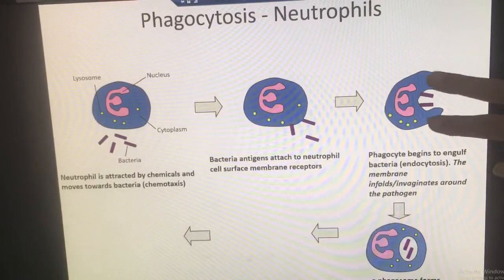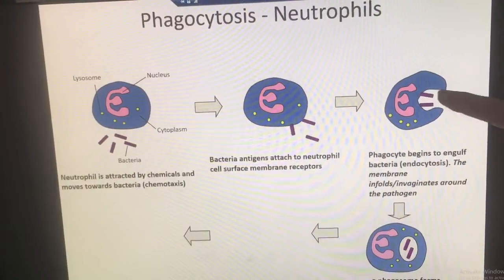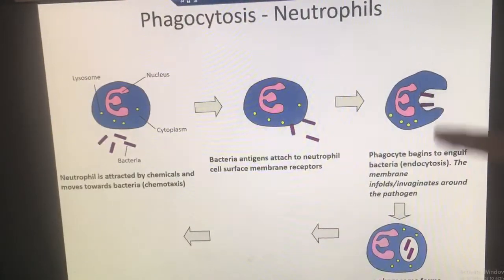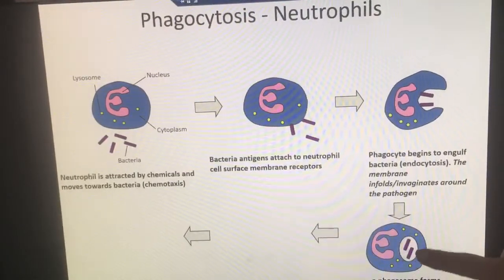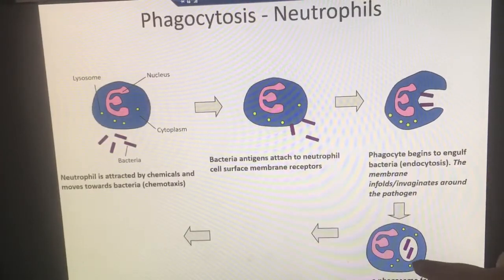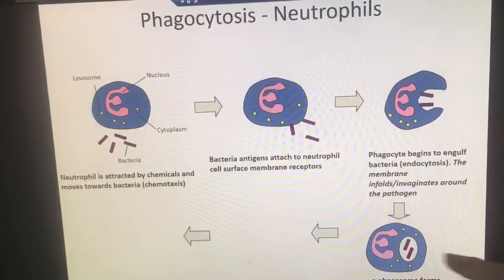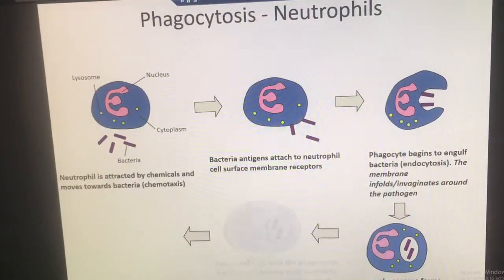What happens is when these pseudopodia meet, they will pinch off and they will form a membrane around the pathogenic bacteria, and this structure is called a phagosome, which are the bacteria encased within a membrane structure.